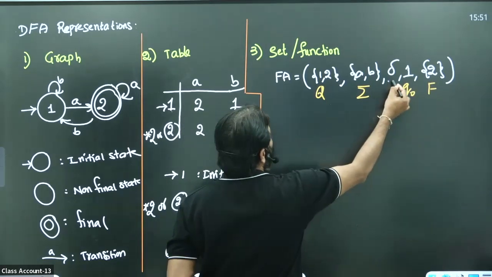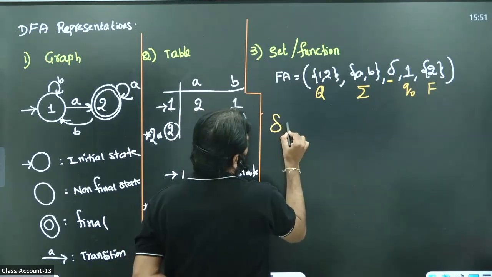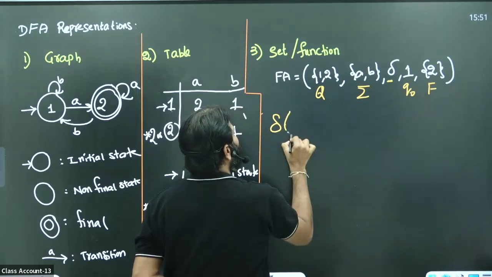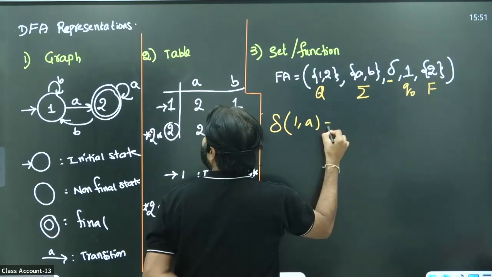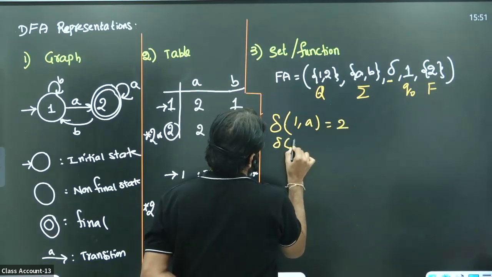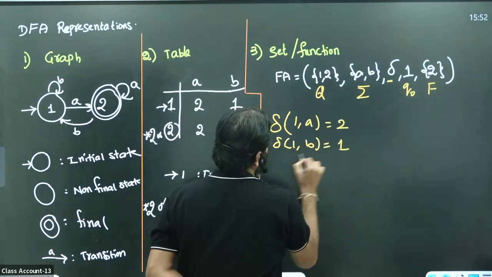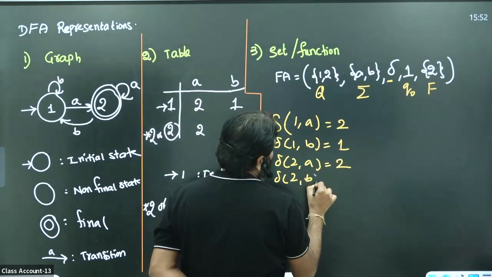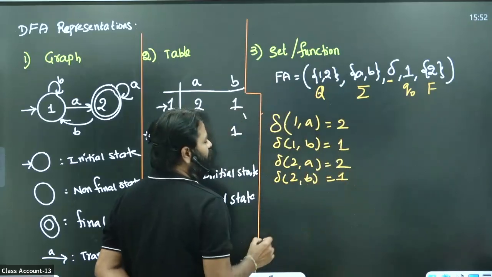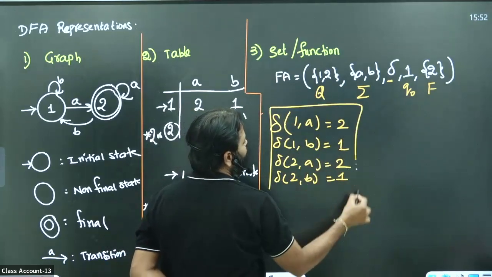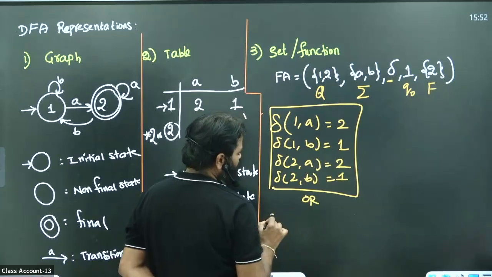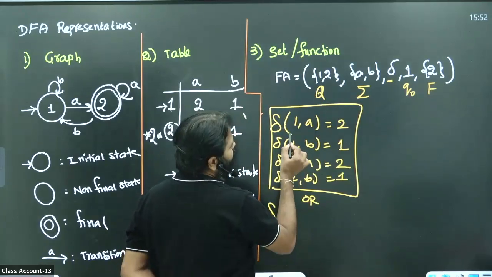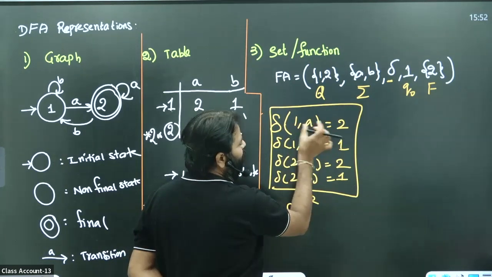And what is delta? We can write here. Delta, you can represent using individual mappings like 1 comma A goes to 2, 1 comma B goes to 1, 2 comma A goes to 2, 2 comma B goes to 1. You can write individual mappings, or you can represent this whole thing with one set also. Delta is equal to the set, and in the set you have a mapping from domain to codomain.